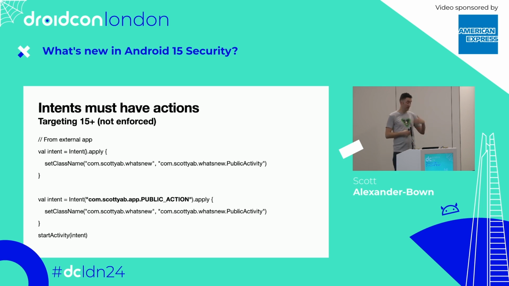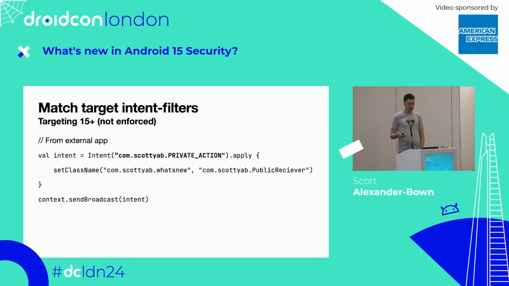So if you're calling through to other apps without an action, you need to go and find that. I'm sure the Android tooling will flag that up to us in Android Studio quite easily. The other thing is that when you're targeting an intent filter, it must match it. So this is a similar example where we have a private action, but it's being sent to a public receiver.